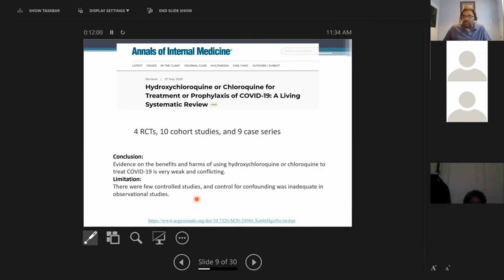After the 2-week course, you should know exactly what every word in this abstract means, because that's what you've been learning, right? They're basically saying we don't have enough RCTs, and the observational studies did not do a good job of controlling for confounding. Okay, this is where we are with the HCQ story. So keep an eye on this. I've given you the website link at the bottom. I bet you every couple of weeks they will be updating it, because that's how fast evidence is accumulating.